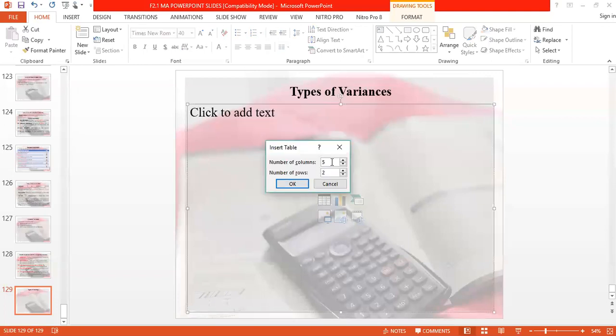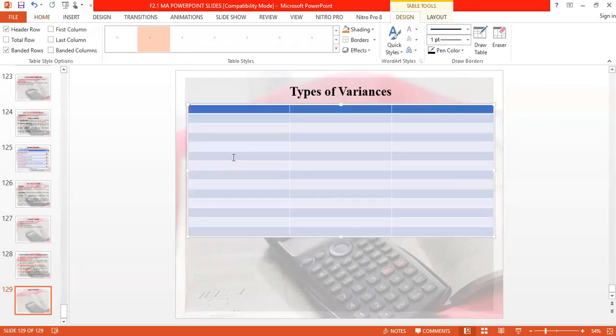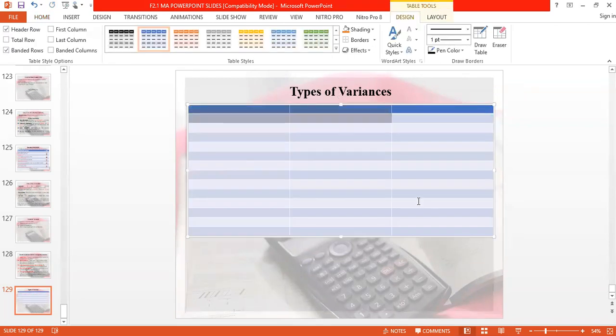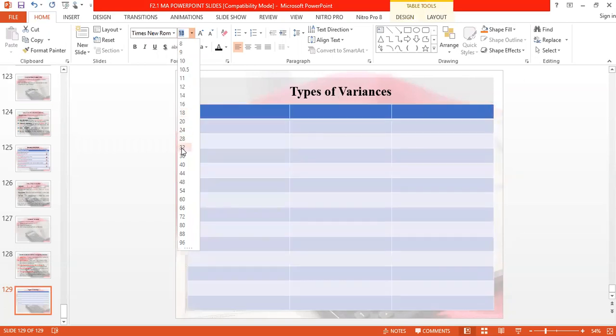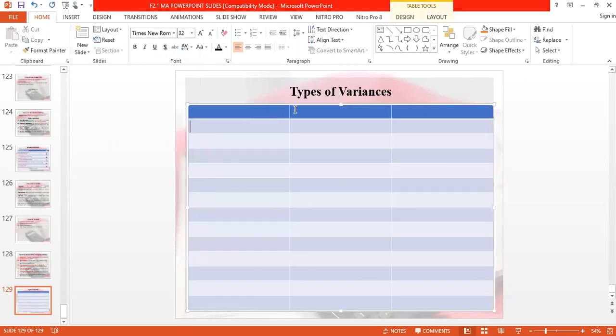I think a table will present it more nicely.